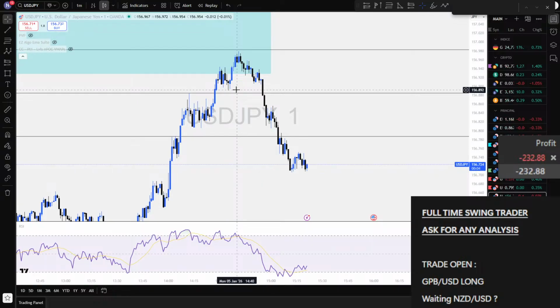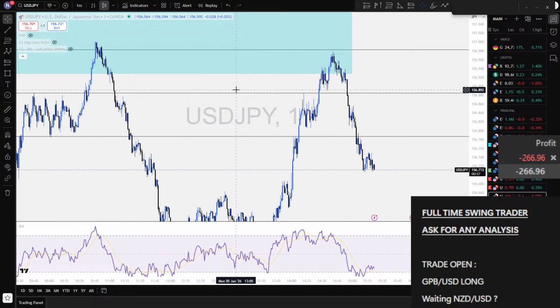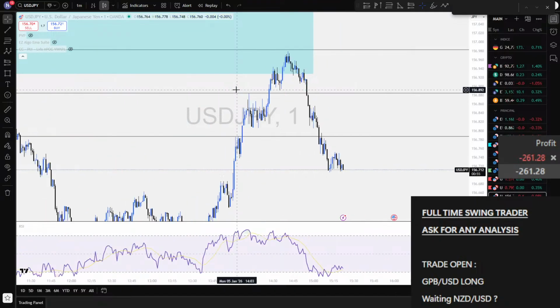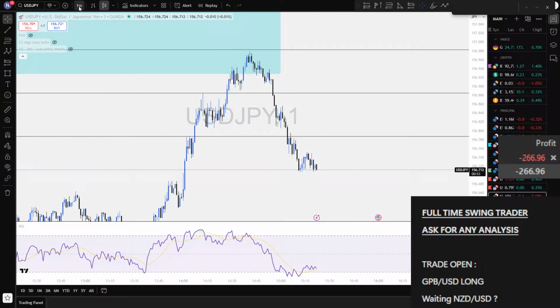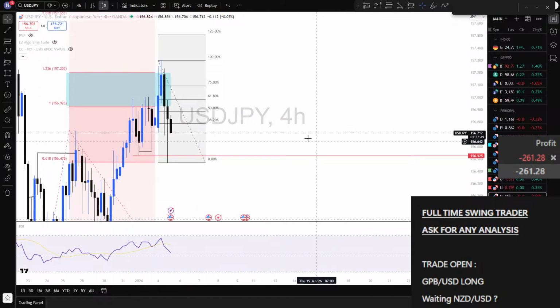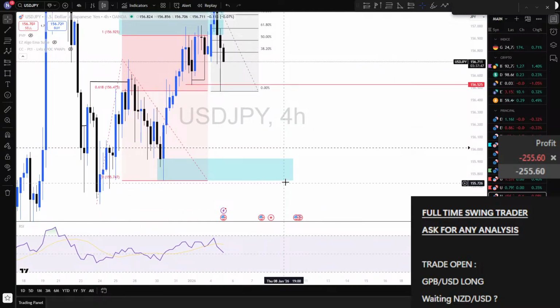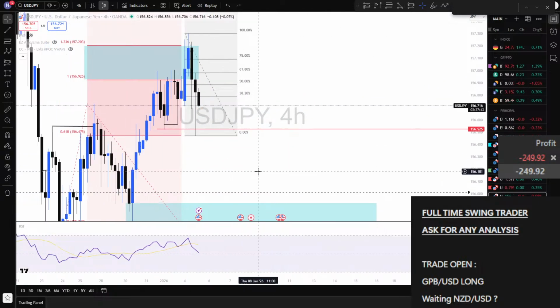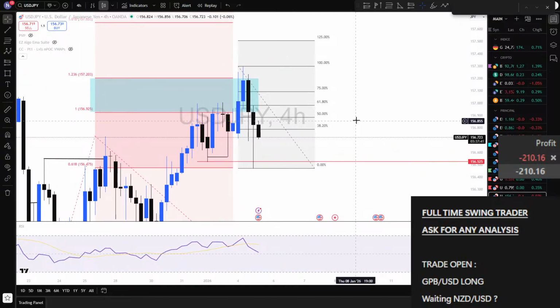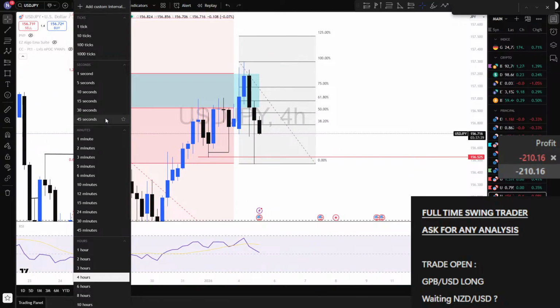Well, it did not give me my entry anyway. I'm not sure he will. But USD GPY can probably go down now. Still have this to fill.